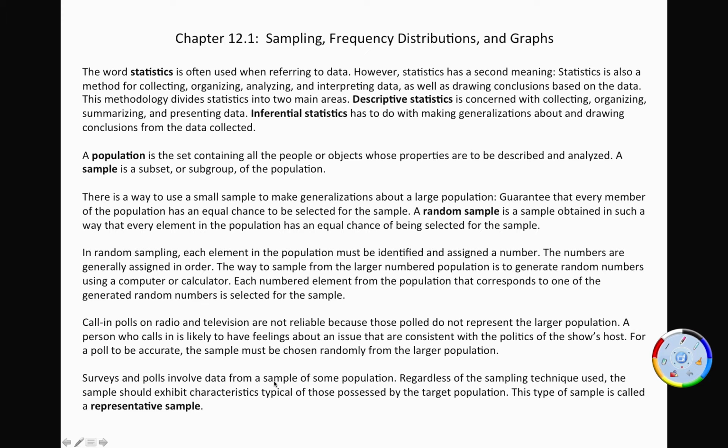Surveys and polls involve data from a sample of some population. Regardless of the sampling technique used, the sample should exhibit characteristics typical of those possessed by the target population. This type of sample is called a representative sample.